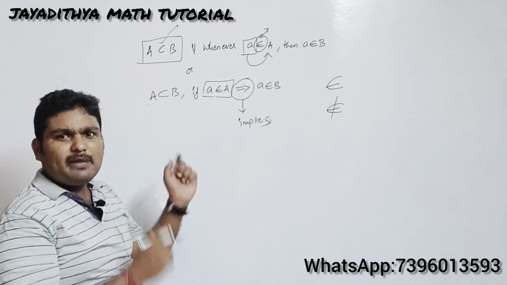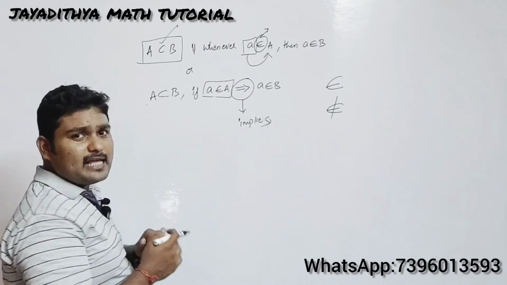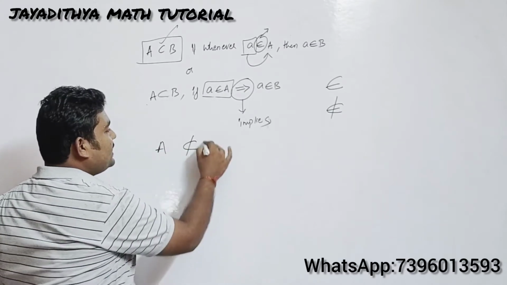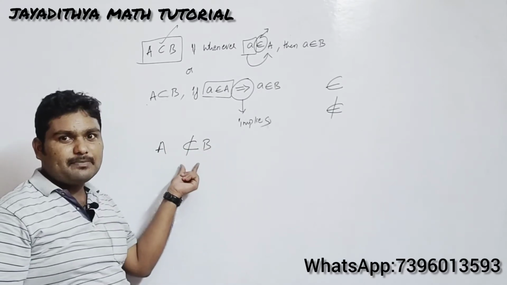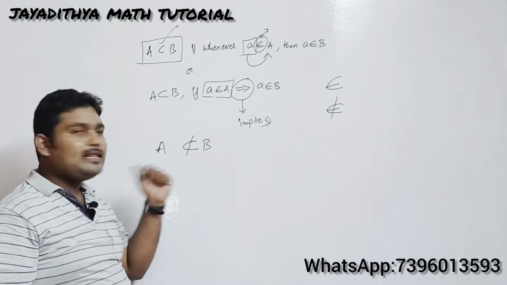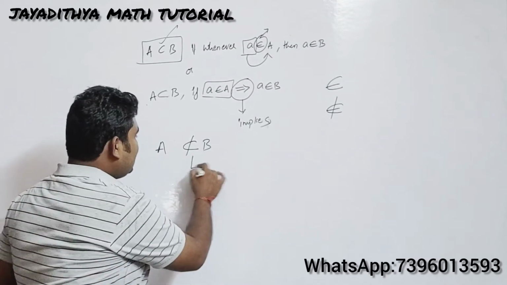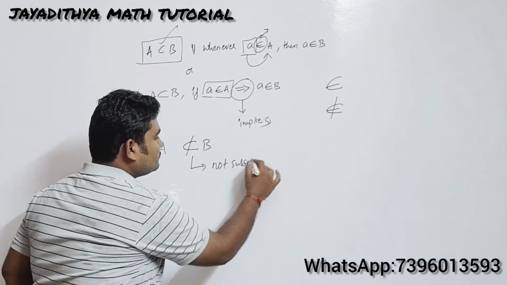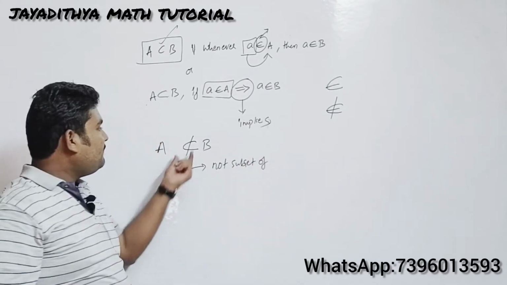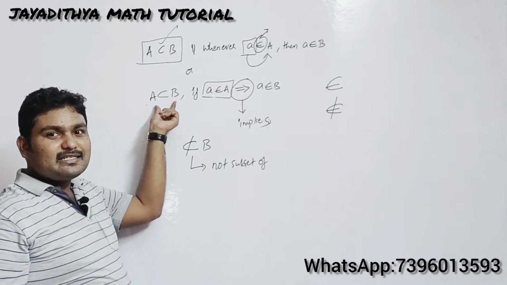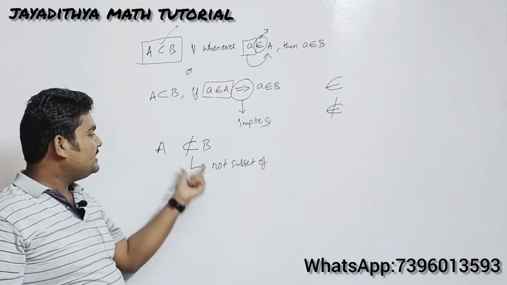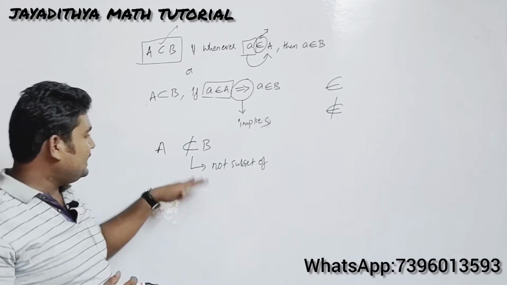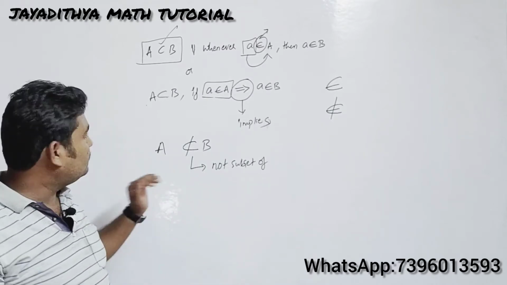If each and every element is not present in the other set, then A is not a subset of B. Just write the symbol of subset and strike it off. Then that will be read as not a subset of. If it is like this, A is a subset of B, and if it is like this, A is not a subset of B. I hope this concept is clear for you till now.